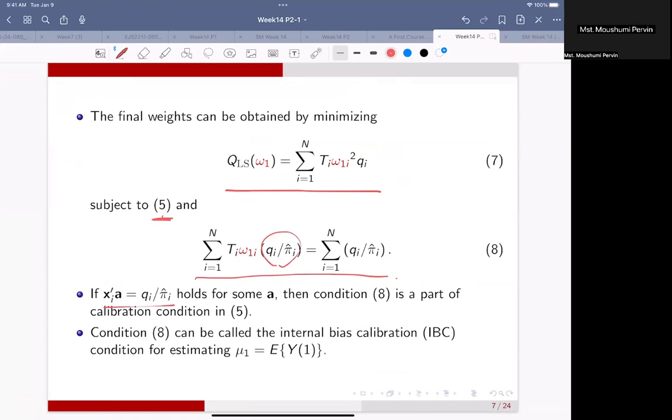So if this condition holds for some a, then condition a is not really necessary because it's a part of the original calibration equation. But if not, then we need to include this additionally. So this is the original calibration constraint, or covariate balancing.